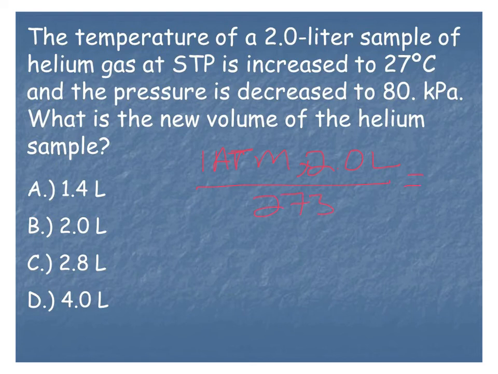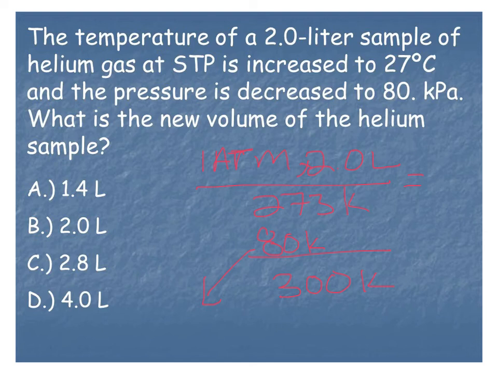It has to equal our new conditions, where the temperature is increased to 227, so that'll be 300 K, over a decreased pressure, which is 80 kPa.